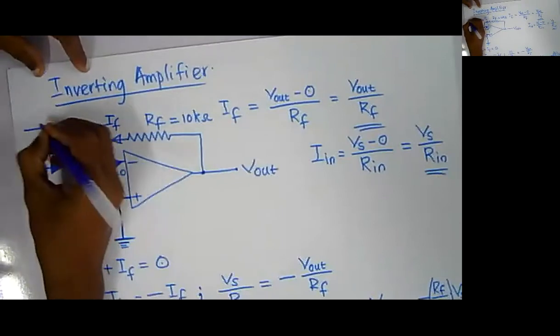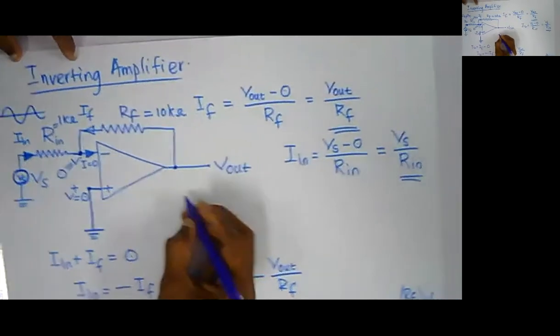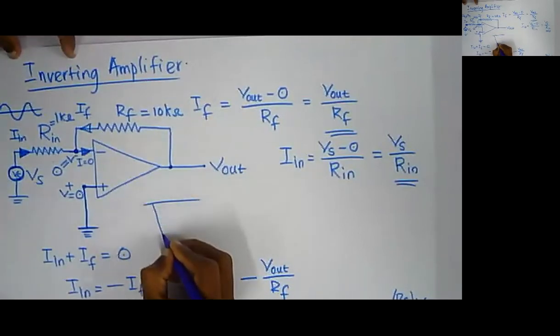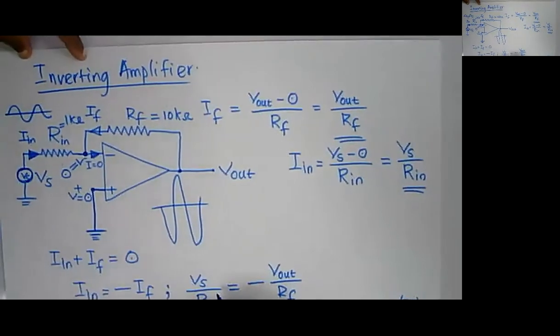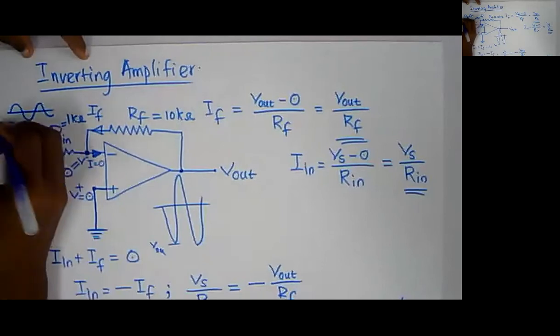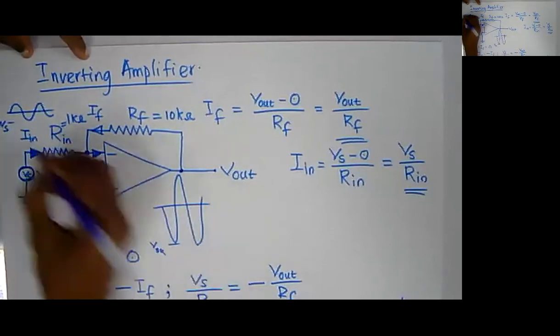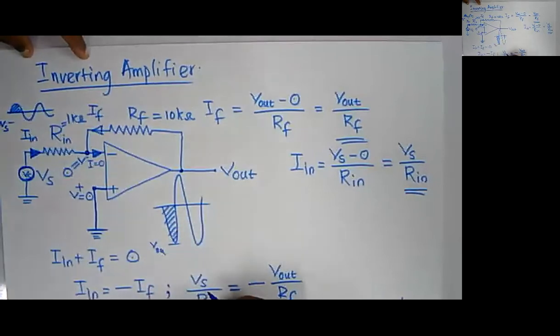For example, if I have a waveform something like this, it will create a 180-degree phase shift and the magnitude will be increased something like this, right? So if this is V out and this is Vs, look at here: whenever you have a positive half cycle, you will have a negative half cycle.